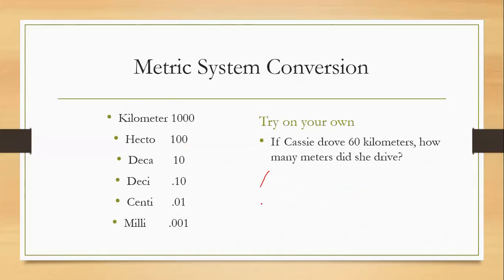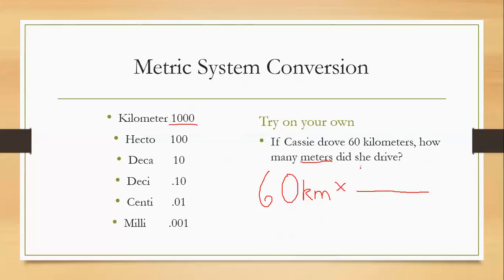Okay, so now looking at this, we write the known, 60 kilometers. Set up our multiplication problem. And we're looking for meters. So how many meters, looking over here at our chart, are going to be in 1 kilometer? Hopefully you knew that was 1,000. And if we are going from kilometers to meters, we are going to expect this number to grow. Yep.